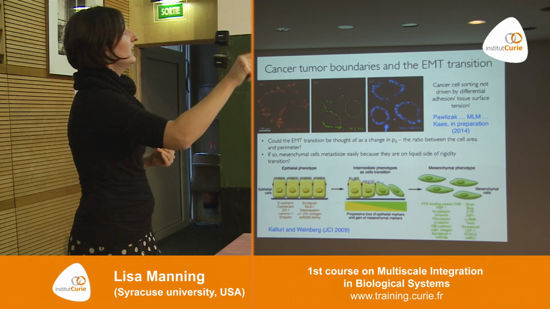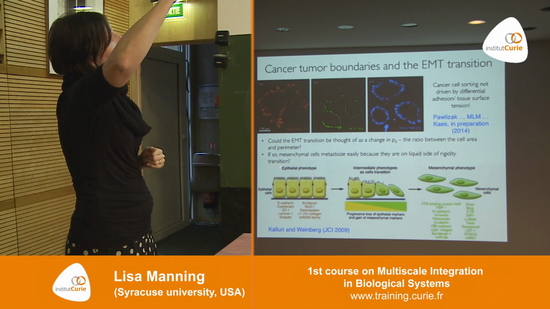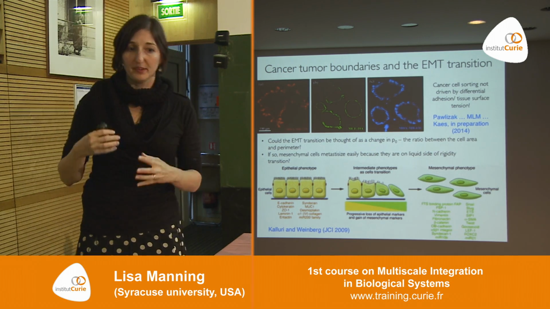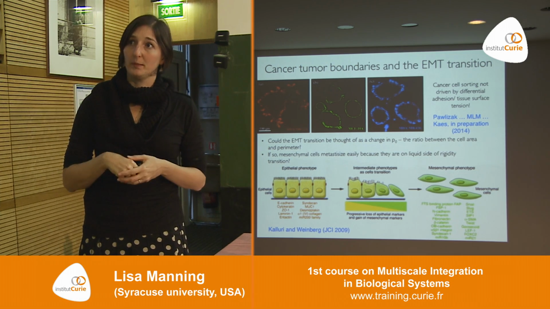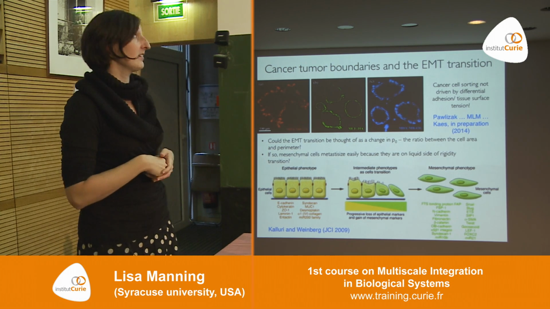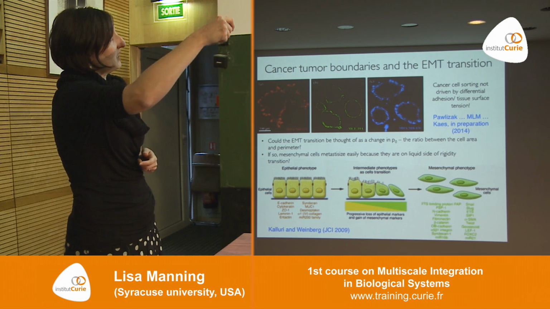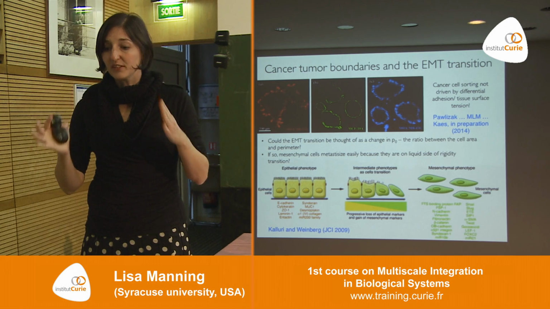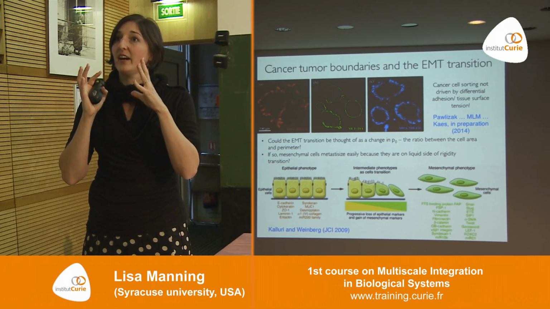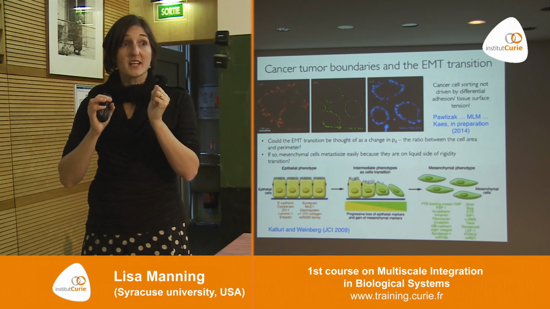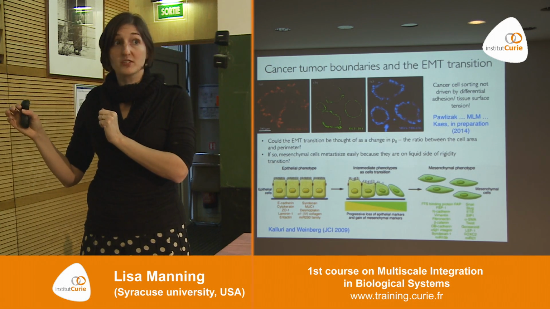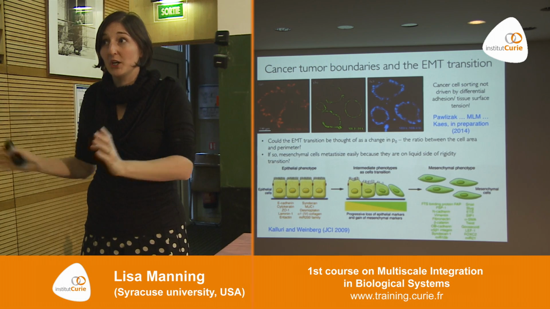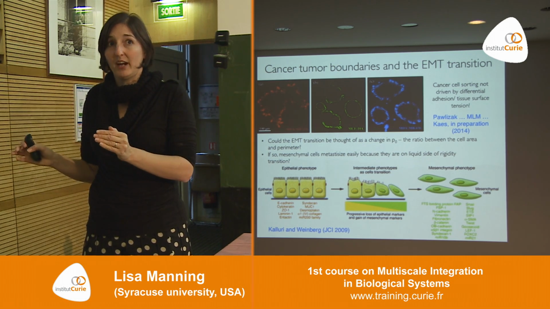Okay? And so the idea is that, well, maybe you could think of the EMT transition, which is this epithelial mesenchymal transition, which other people have mentioned, as basically a change in P0. Because if I have an epithelial cell, I have cells which have relatively small perimeters relative to their areas. Right? And then as I go towards the mesenchymal phenotype, I basically have these cells that are sort of much more floppy, right? And they have much bigger perimeters relative to their areas.